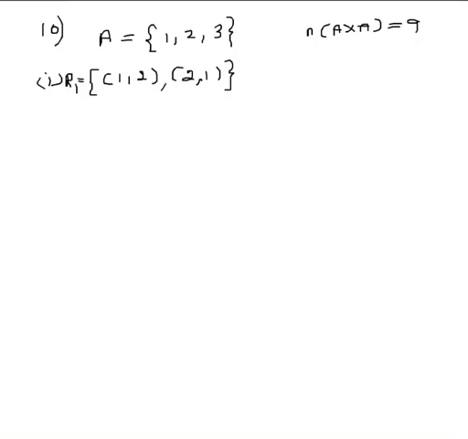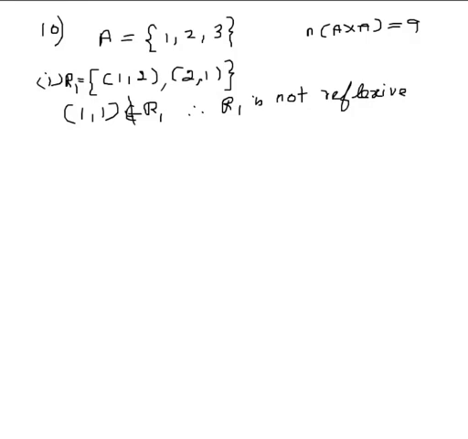And this is symmetric because 1, 2, 2, 1 are there, but not reflexive. So not reflexive, the reason is 1, 1 doesn't belong to R1. Therefore, R1 is not reflexive. Now it is symmetric.